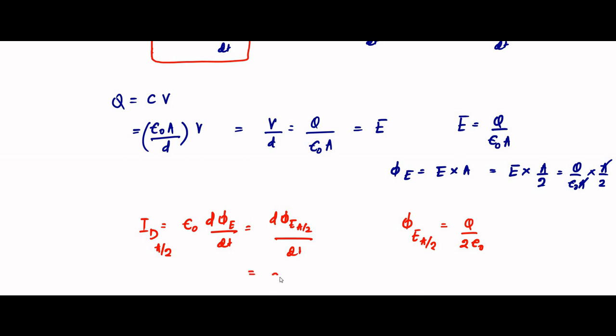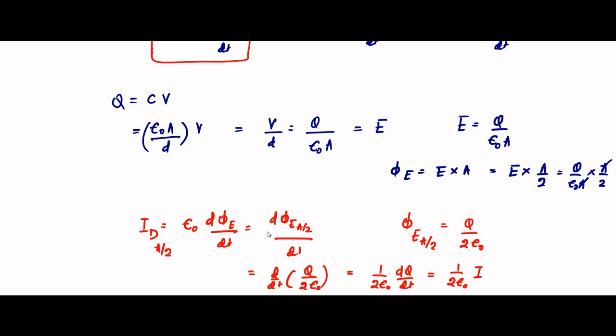That is equal to epsilon 0 into d by dt of Q by 2 epsilon 0, which is equal to 1 by 2 epsilon 0 into dq by dt, and dq by dt is nothing but the current.